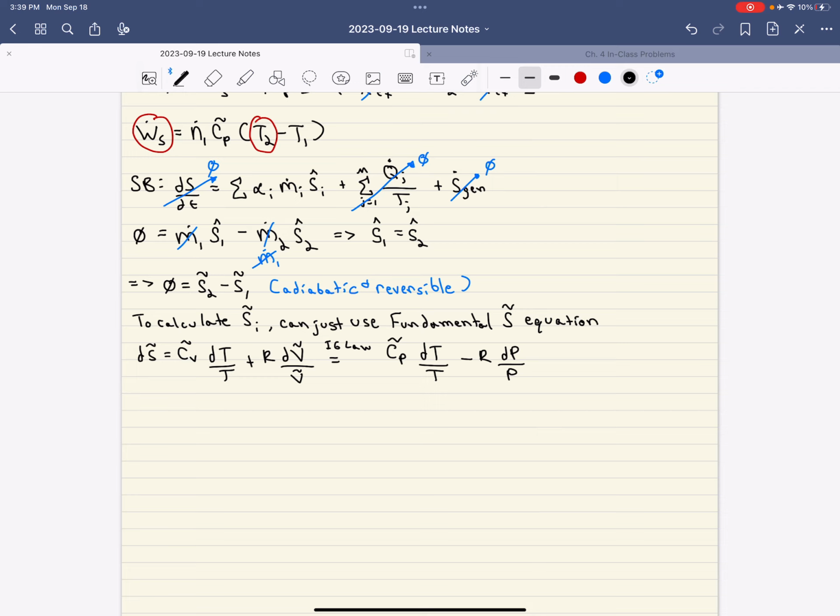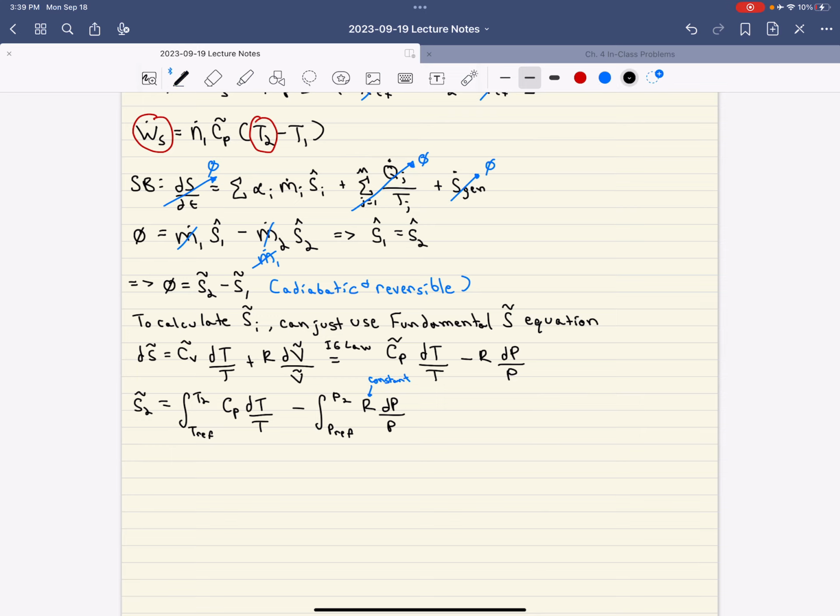And so to develop a relationship between temperature and pressure, we just have to integrate this equation. So for instance, for S2, we would integrate this term from Tref to T2, and then for the second term, we would integrate from our reference pressure to P2. The gas constant is a constant, so we could pull that out of the integral.